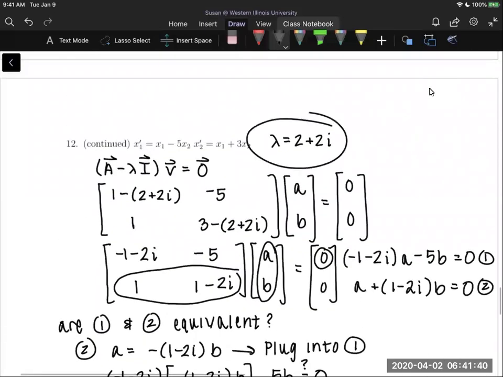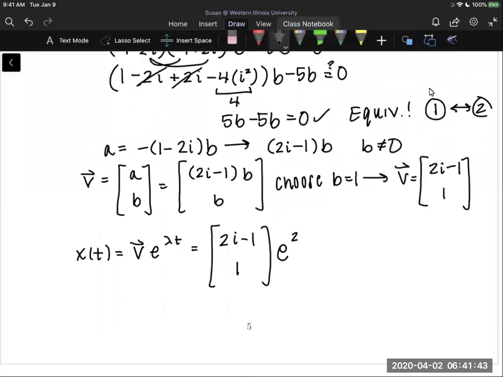Our lambda was 2 plus 2i, t. And now we're just going to do a whole lot of algebra, a bunch of simplification until we can separate our real and imaginary portions. So first I'm going to write this as 2i minus 1, 1, e to the 2t times e to the 2it, just separating out that plus using properties of exponentials.